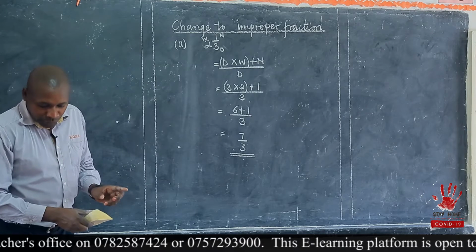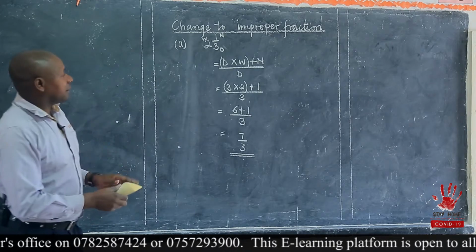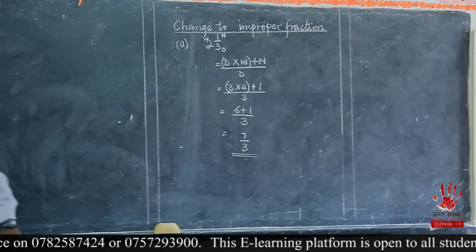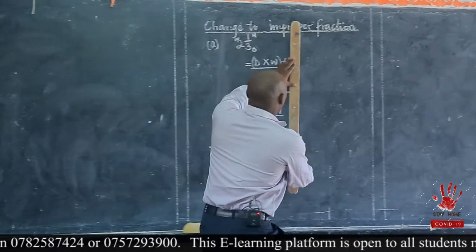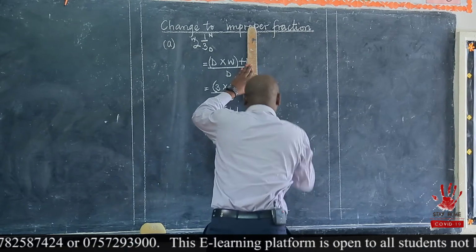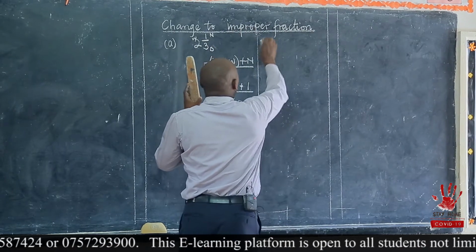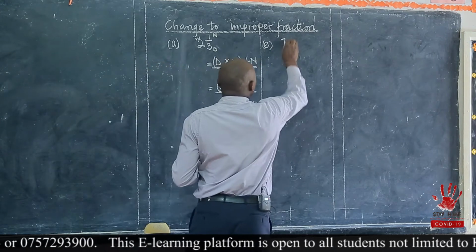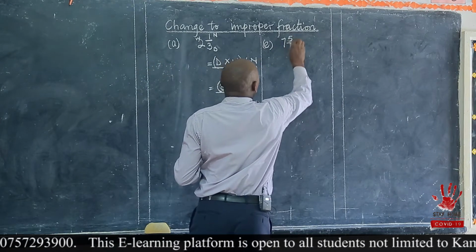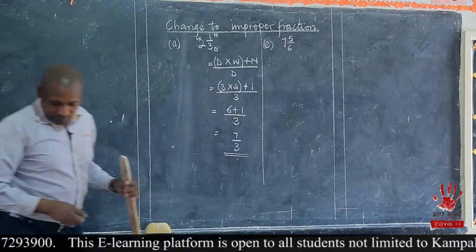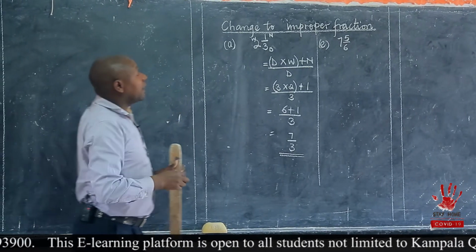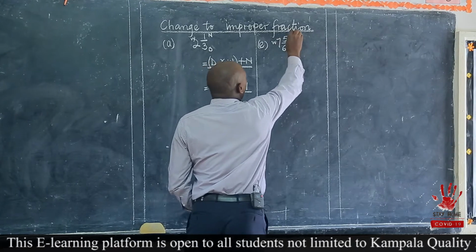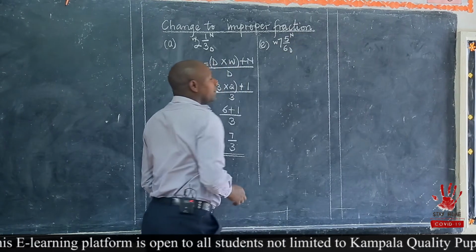Allow me to look at the last example, the last part of our activity, which was part E. Part E was telling us to change 7 whole numbers and 5/6. This is our whole number, our numerator, and our denominator.